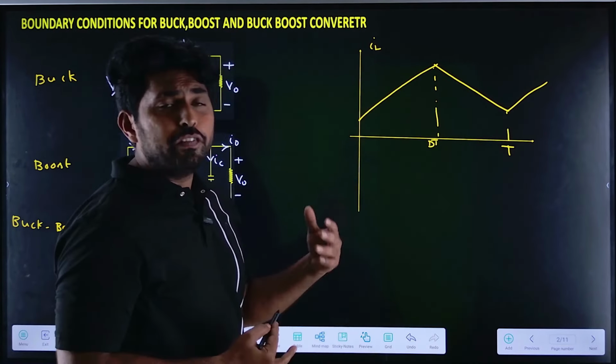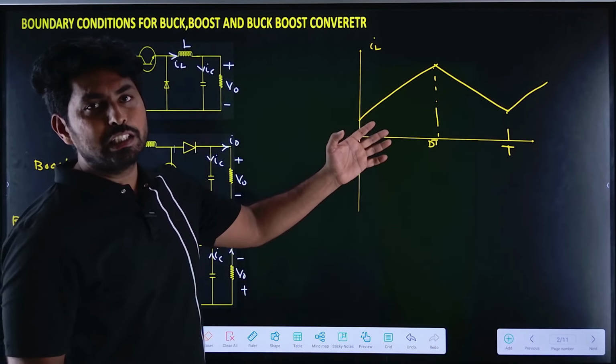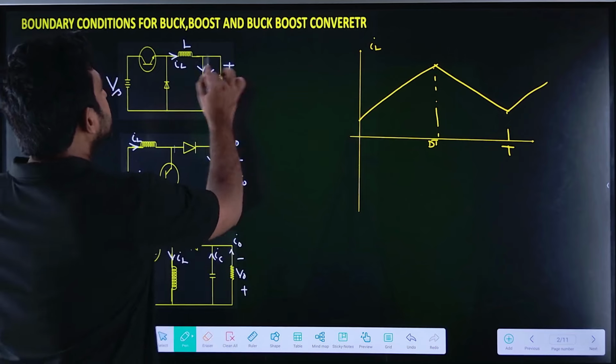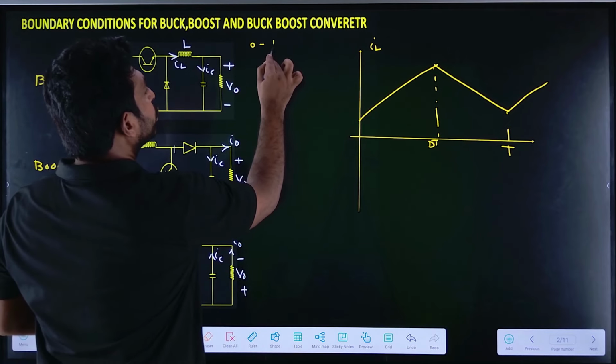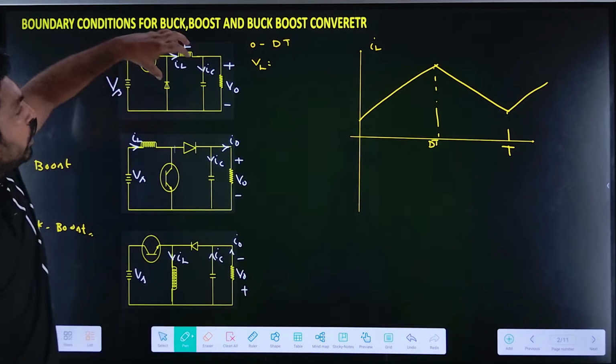The slope is negative between dT and T. On which parameter does it depend? It depends on the voltage across the inductance. For example, in case of the buck converter, what is the voltage across the inductance from 0 to dT?